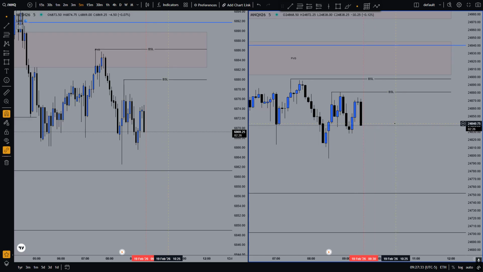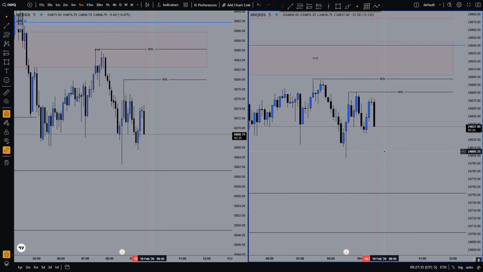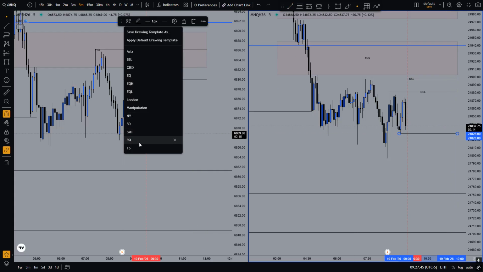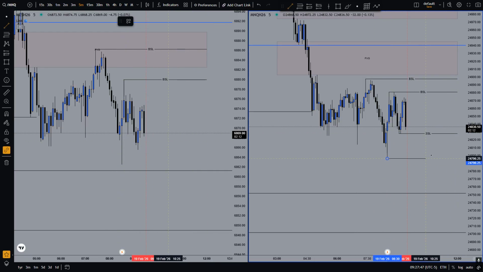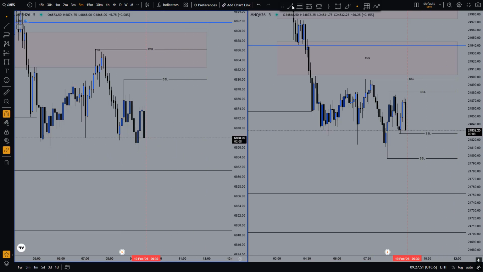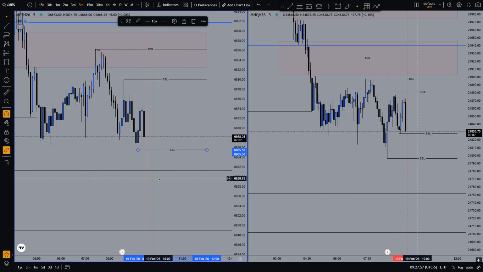Looks like we're just getting legs down here. We have these internal lows. I'll mark out here. I'm not gonna mark out this low just because it's super close to this low. So if we take this low, we're probably gonna take this one as well.